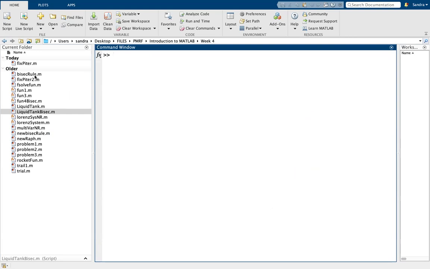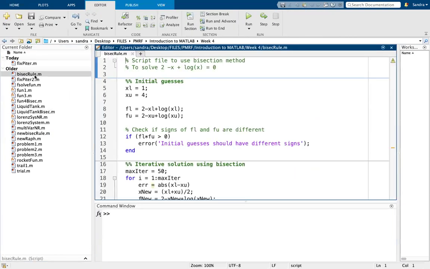So this is how the function will look. First, this script is written to solve the function 2 minus x plus ln x. Okay, just a second.